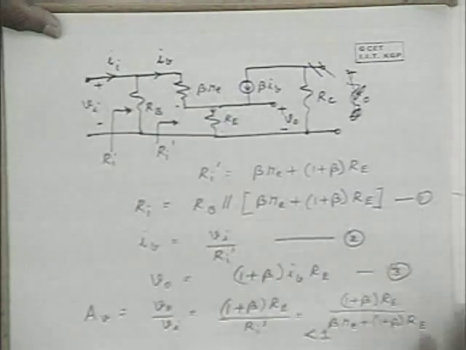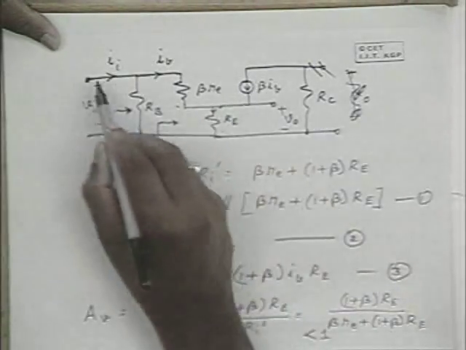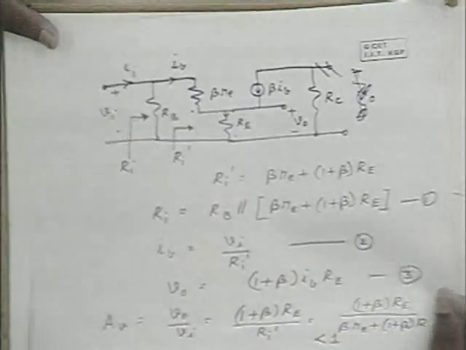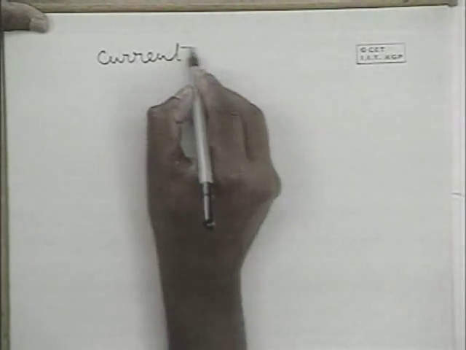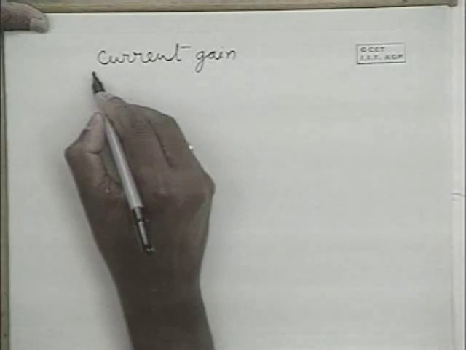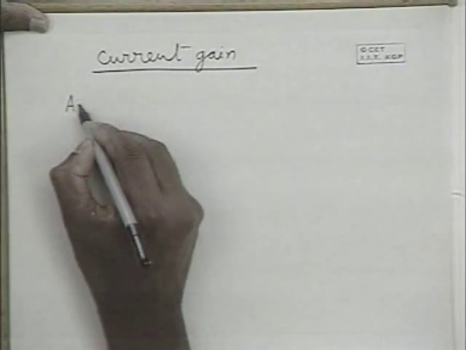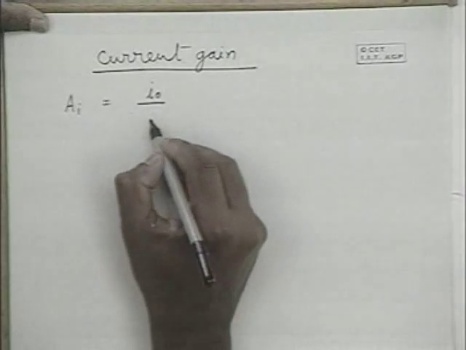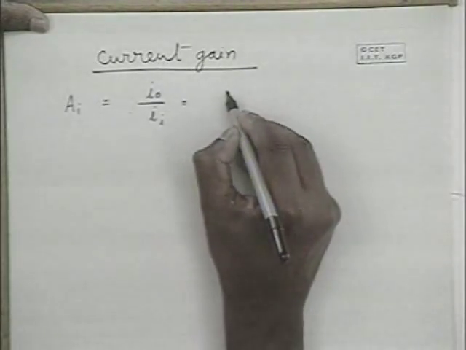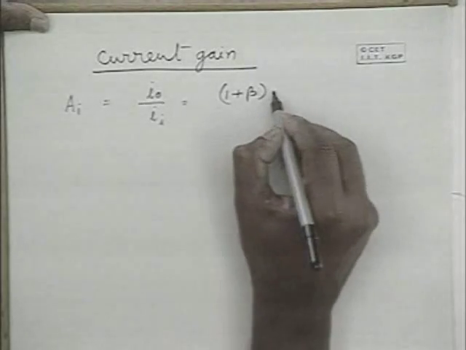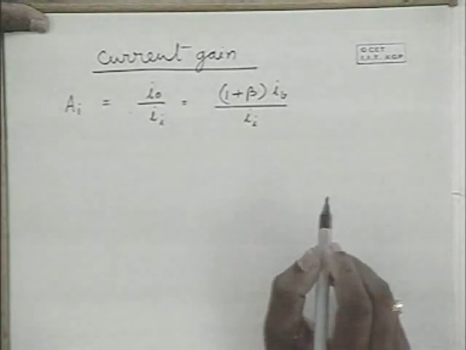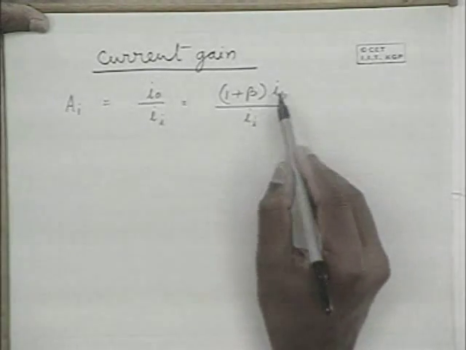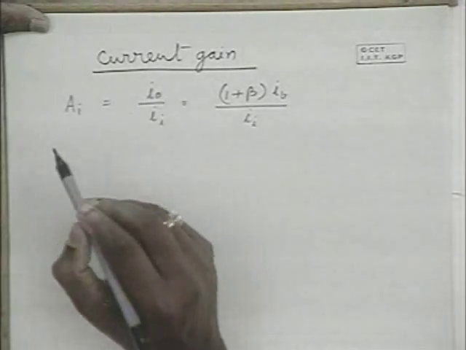Now, the current gain is the output current to input current ratio, and I naught is known to be 1 plus beta Ib divided by Ii. And if we know the ratio between Ii and Ib, we can substitute it here and get the expression for the current gain.